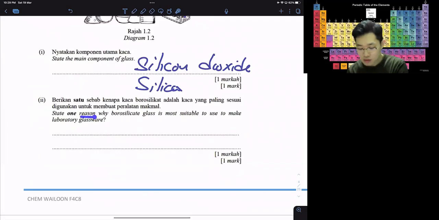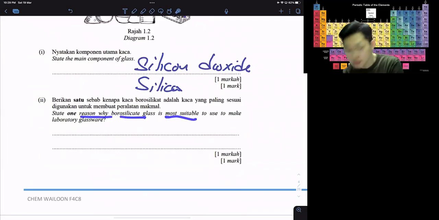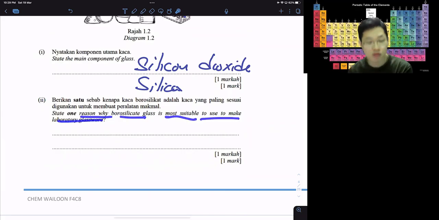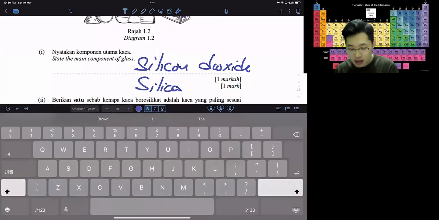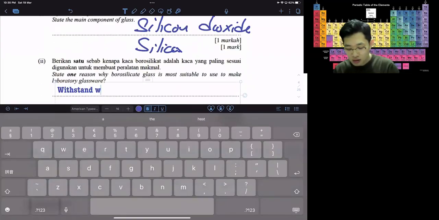One reason why borosilicate glass is most suitable to be used to make lab glassware. Why do you want to use borosilicate for lab glassware? The specific one is that it can withstand a wide range of temperature change.